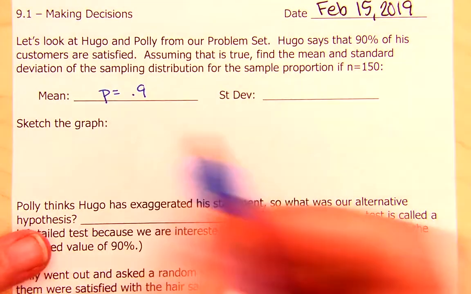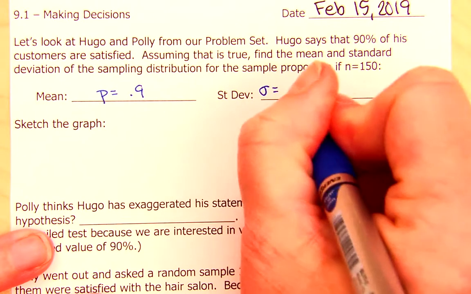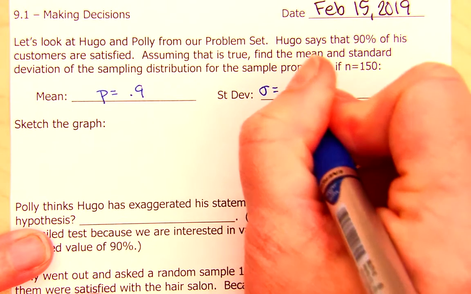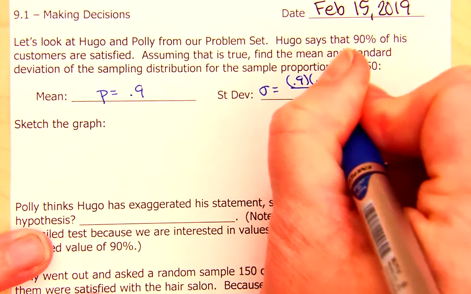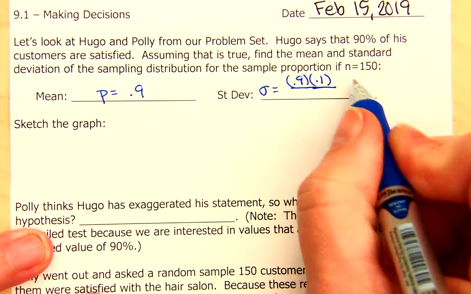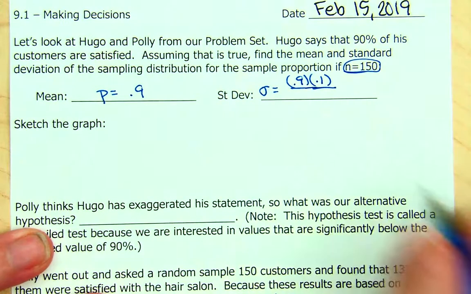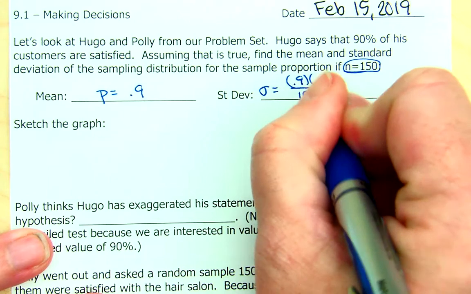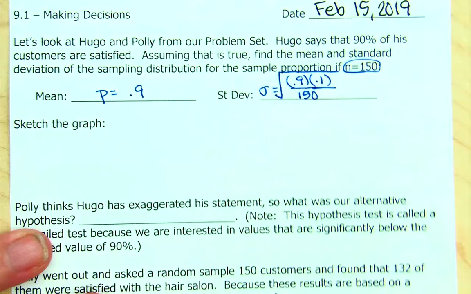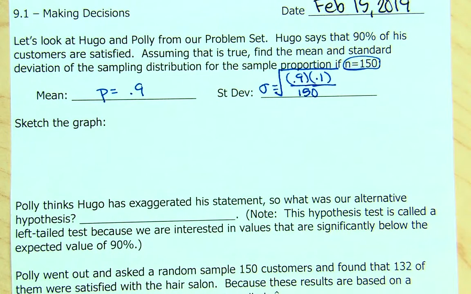So we're using this formula to calculate the standard deviation. Here P is 0.9, and then 1 minus P would be 0.1. Our sample size is 150. So we just plug all of that into the formula.